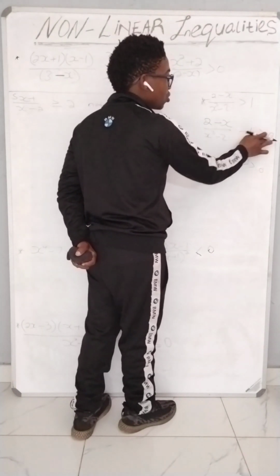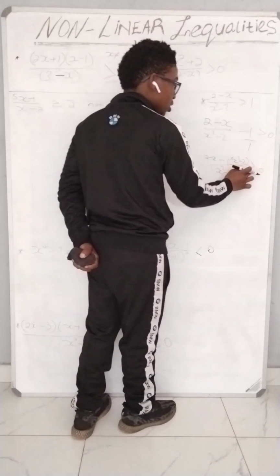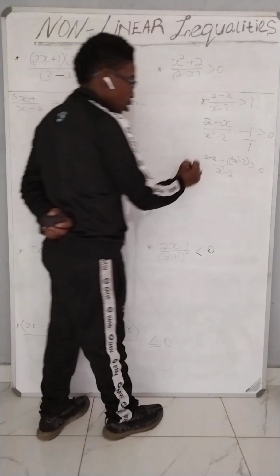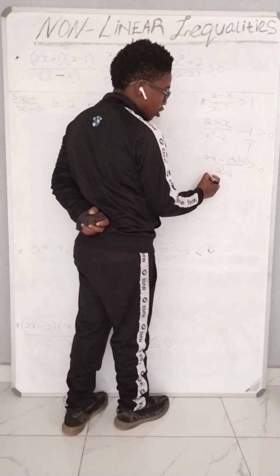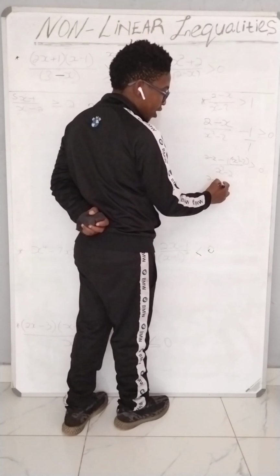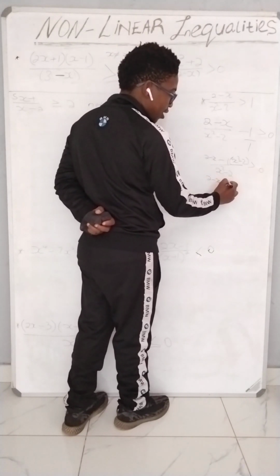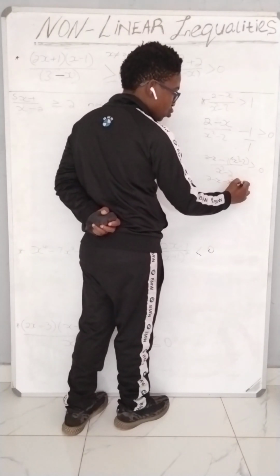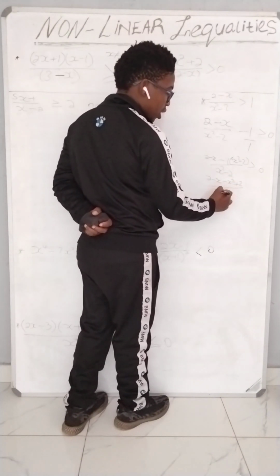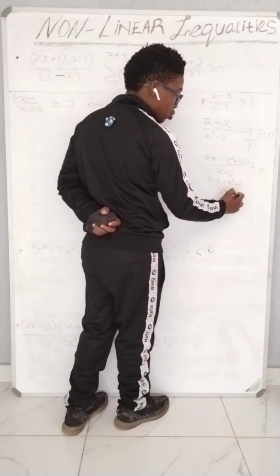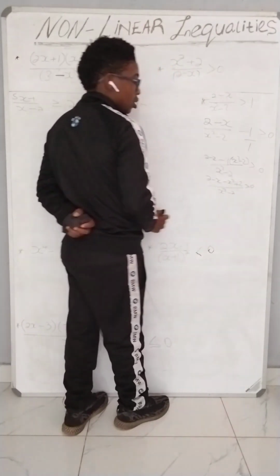Remember, we started with only greater, so it is greater than 0. So you're going to have 2 minus x squared plus 2 over x squared minus 2 is greater than 0.